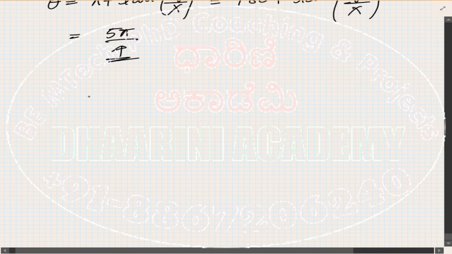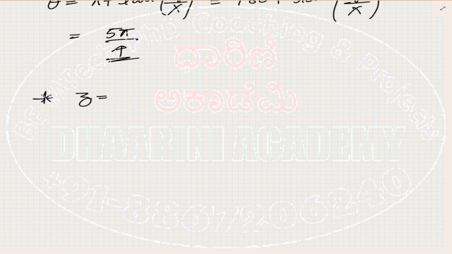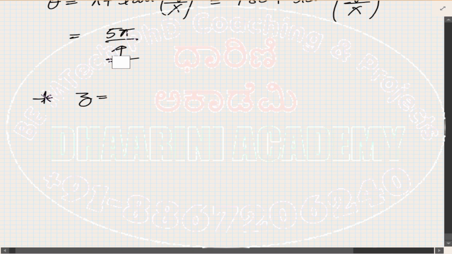Okay, then let's go to the fourth case. Now this is case number 4. Or okay, before that, solve one problem now. So this is z is equal to minus of minus root 3 minus i.